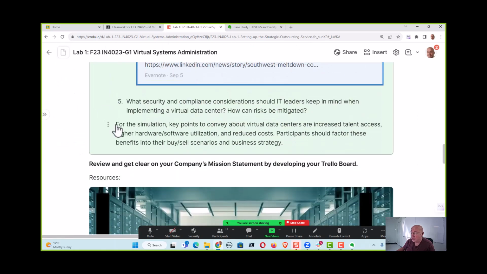So for the simulation, key points to convey about virtual data centers: you have increased access to more diverse, talented people. You get people from all over the world. They can stay at home wherever they like to be and log in remotely to the data center to do the maintenance. What kind of maintenance tasks do we have to do for a data center?